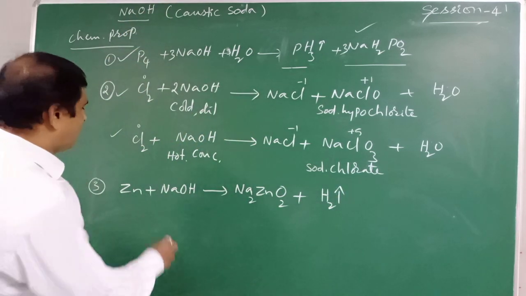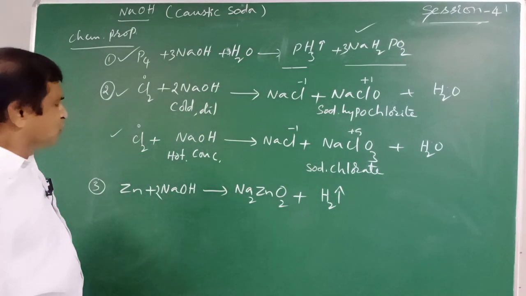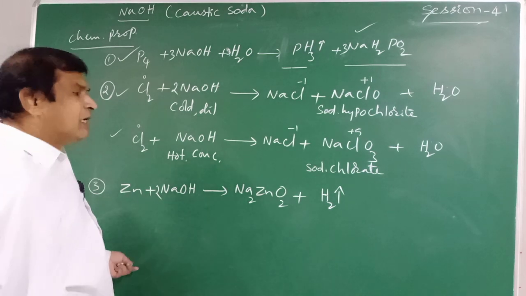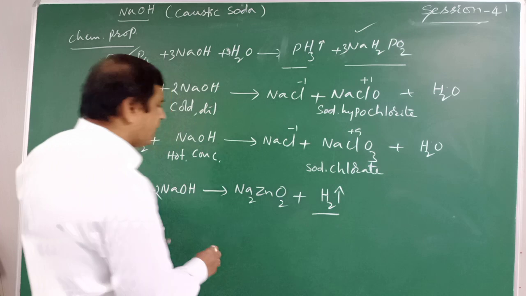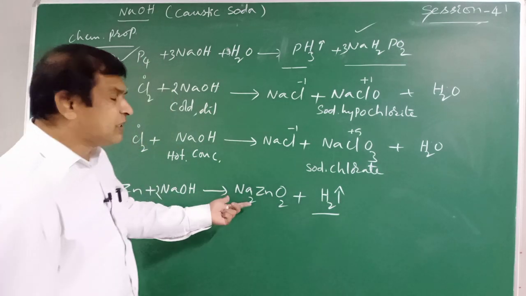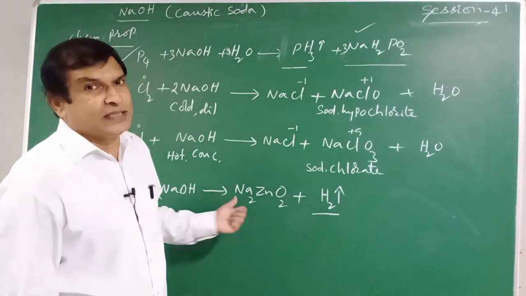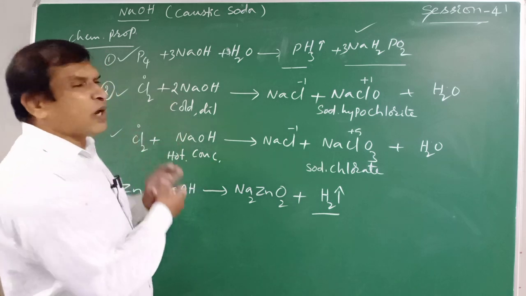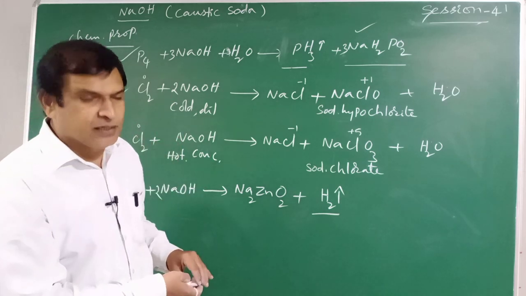Take 2 NaOH. When zinc metal is added to sodium hydroxide solution, it liberates hydrogen. So what is the product formed in the reaction? It is sodium zincate. These are some properties of sodium hydroxide.